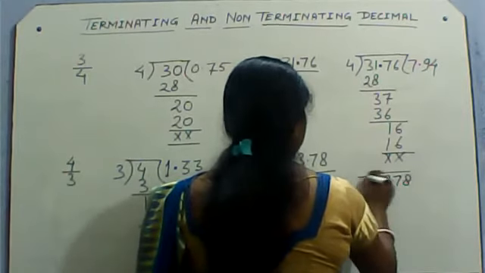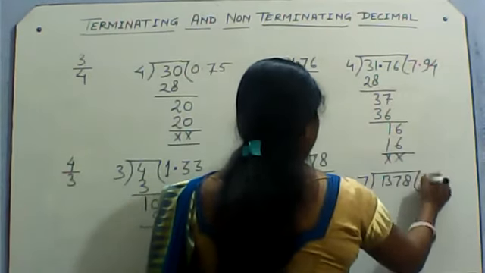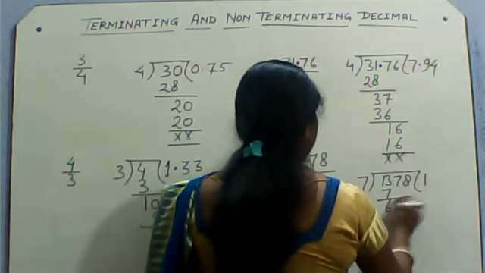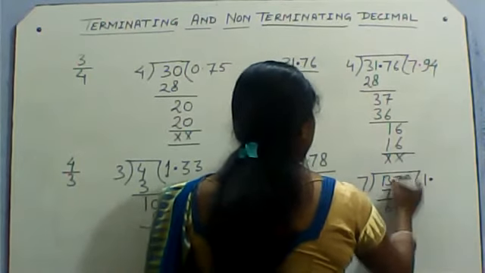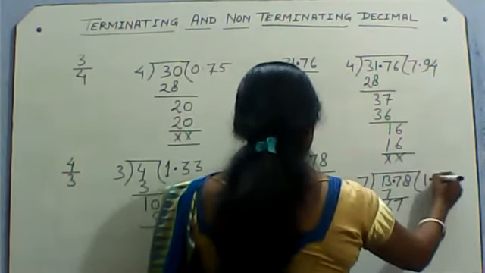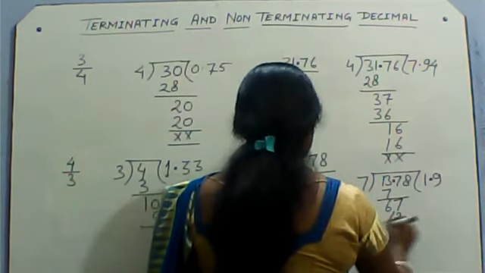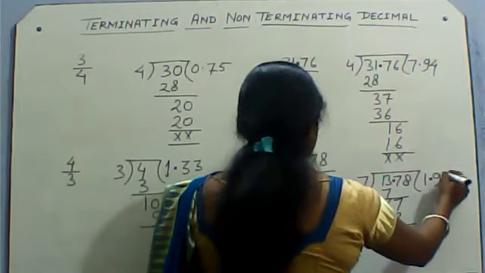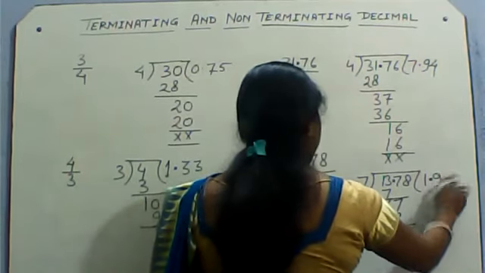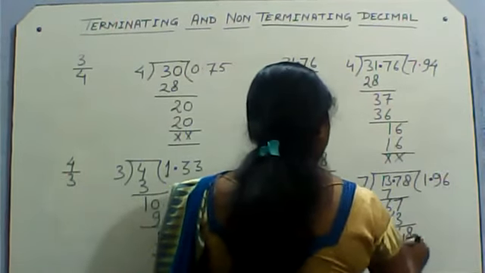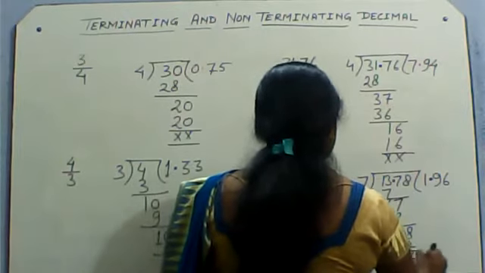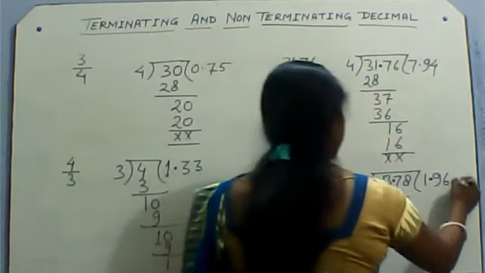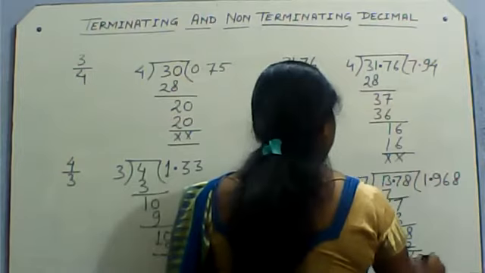This one, 7 goes one time, then 6 remains, put the decimal here, and then it will go 9 times, 63, then 4 will come. Take 8, then it will go 6 times, 42, then 6, 0, then it will go 8 times, 56 and so on.